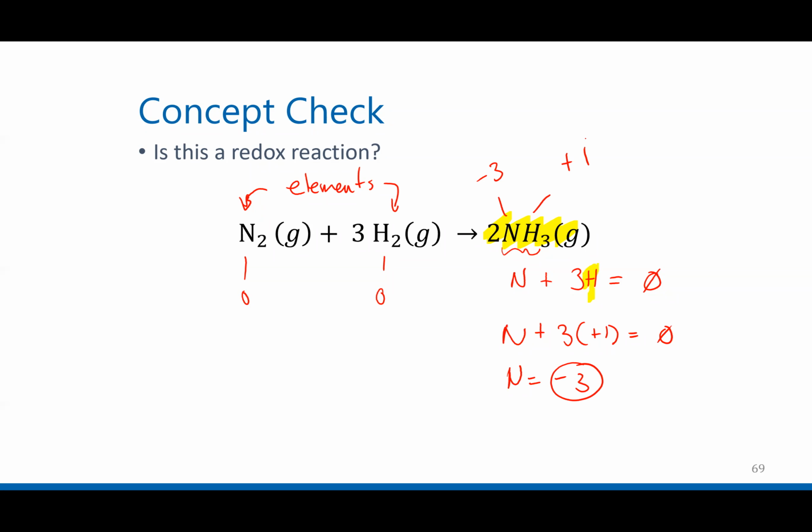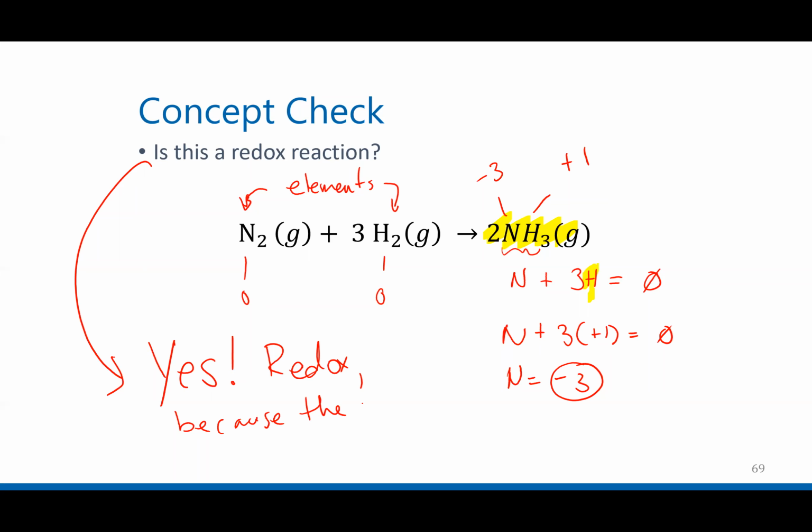It doesn't really matter how we write it here. All I'm really looking for is, did my charges change? And yes, they did. So the question, is this a redox reaction? Yes, it is redox because the charges or oxidation states have changed.